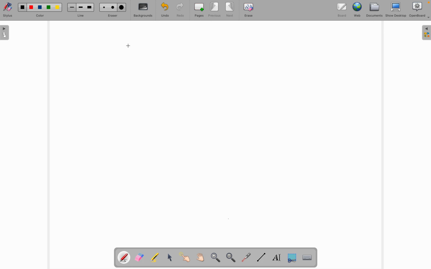So you already know the formula for MSE is 1 by n, sum from i equals 1 to n, (y actual minus y predicted) squared.